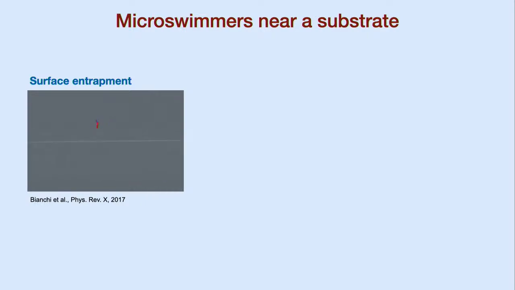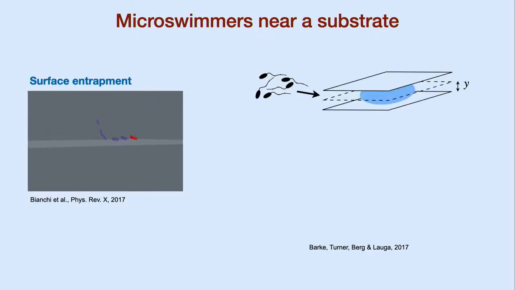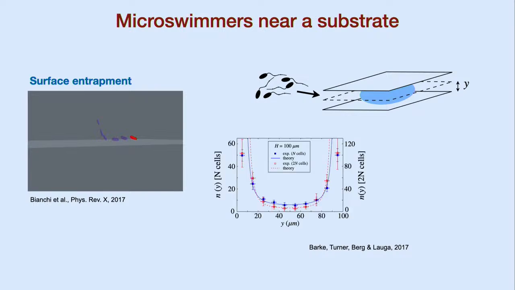That's one reason. The second reason is an observation from a paper: you take a drop of fluid between two plates and put bacteria in it, then the bacteria get collected on the two substrates. This is the concentration profile along the width. You can see that the bacteria concentration is high near the substrates.